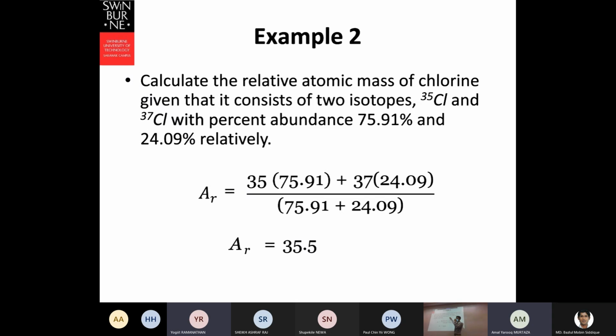If it was not chlorine, if it was something else with 10 different isotopes, what do you do? We add it 10 times, regarding the percentage of abundance of each isotope, and divide by the total abundance.